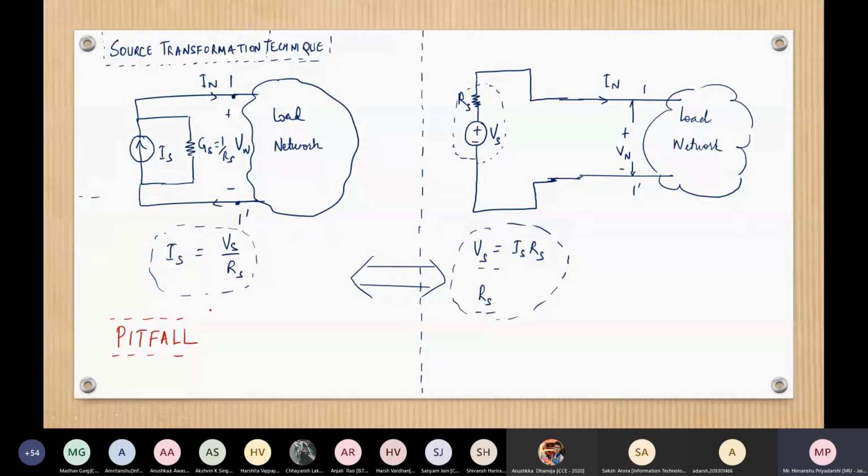She made a mistake in JEE Mains. She wrongly applied it and she lost marks. So please be careful in this. The pitfall is that, see, if I ask you what is the current through this resistor, I will take a problem, then it will become easier for you to understand.